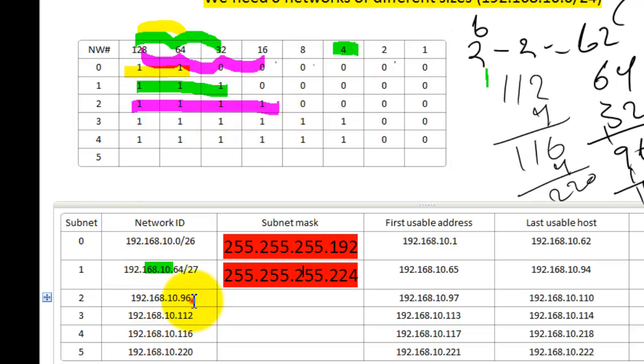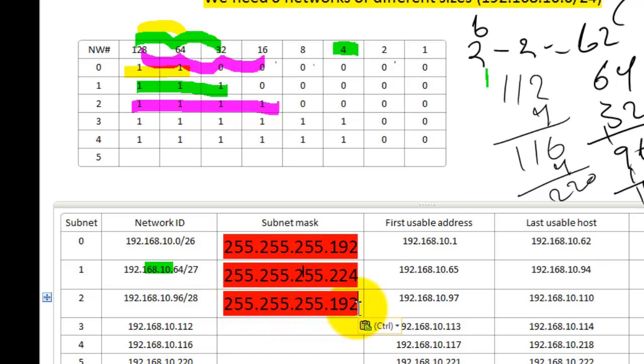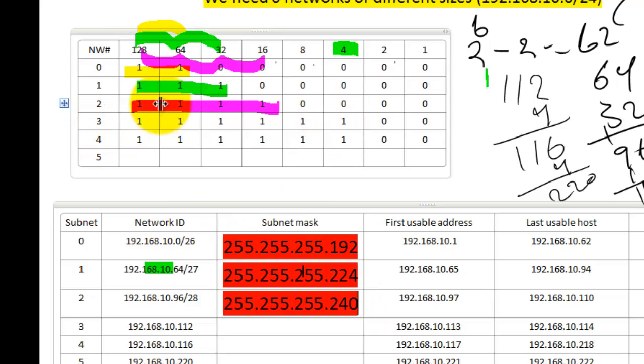So this one will be slash 28, and the last octet will be 240 because we borrowed 4 bits.